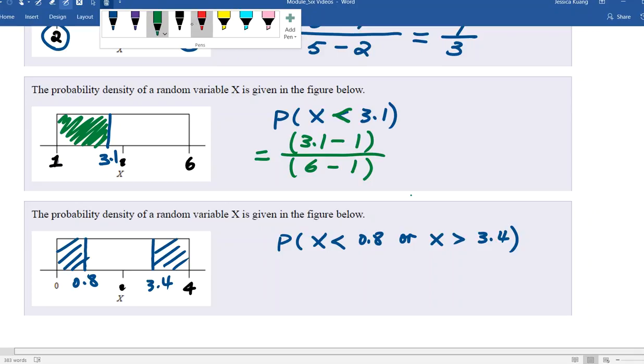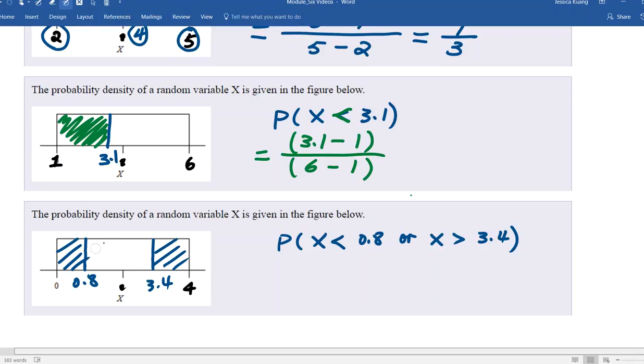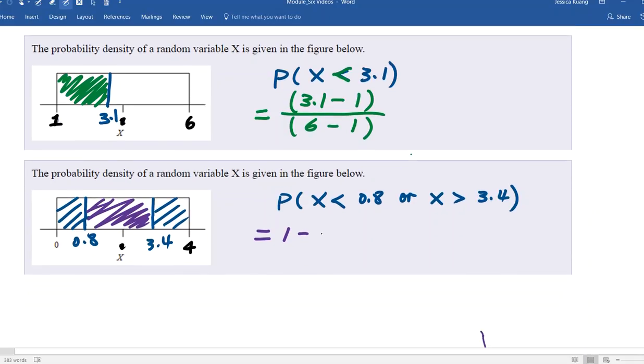we could also say that, let me see what color I want to use. We could say that, hey, I could just calculate the area of this purple region and use the fact that the area of this entire rectangle is 1. So I just subtract the area of this purple region from 1.